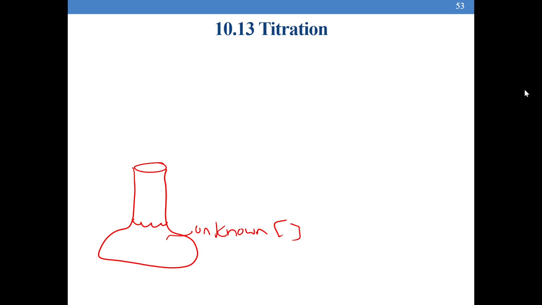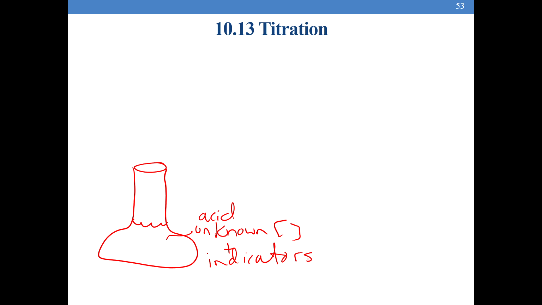So it's going to be something of an unknown concentration, and I'm going to go ahead and label it as an acid right now, plus we're going to add an indicator. Now we talked about indicators at the very end of the second video. I was talking about how these are all a rainbow of colors. They vary in color, and they just change a certain color at a certain pH.